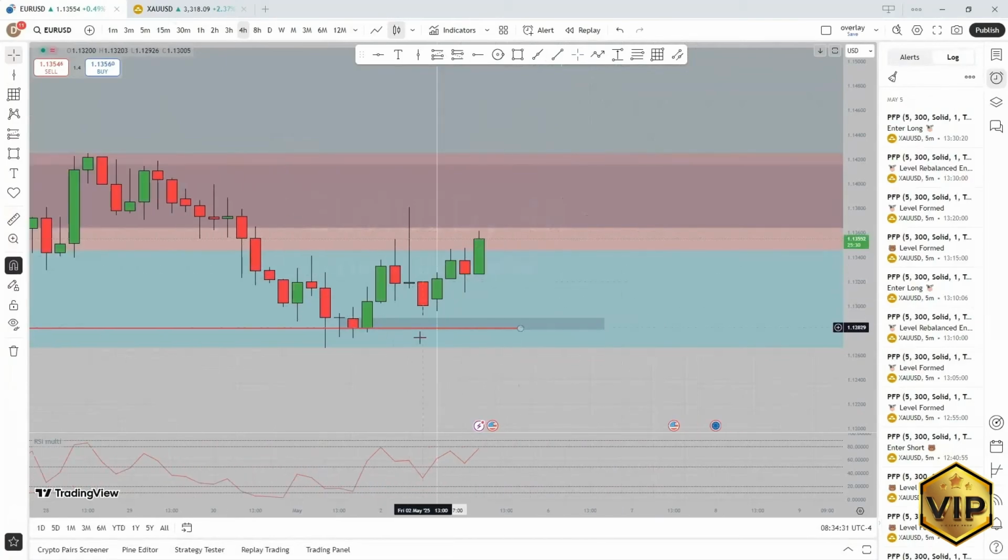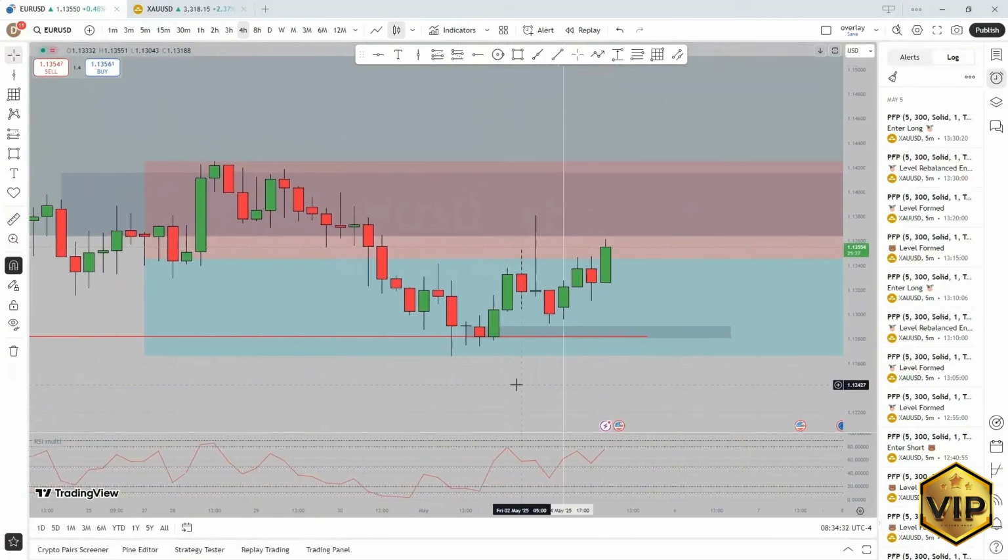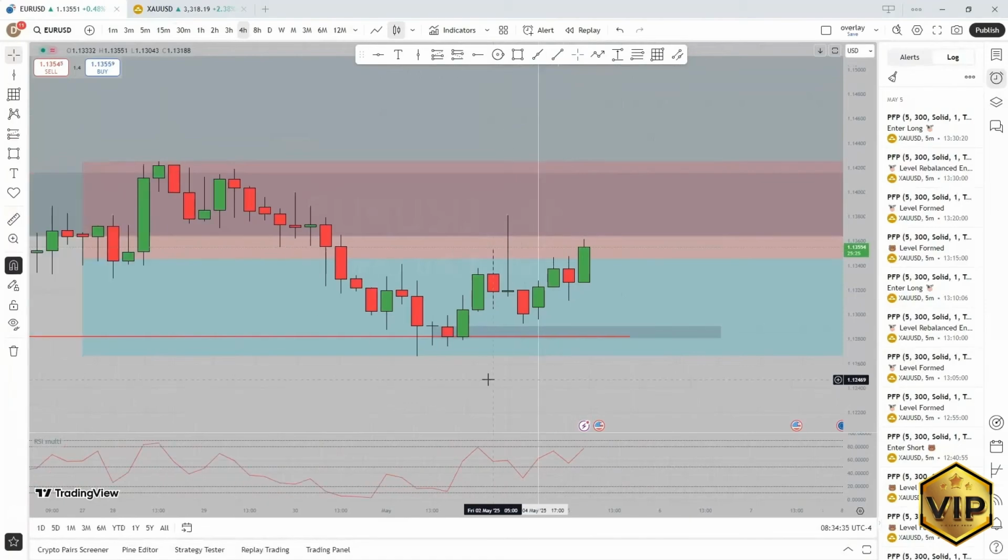I do look at the time of the movement, the time of the day: was it in London, was it in New York, or just the middle of nowhere. But then you know who's come to play. If the market starts to move here, and this is 1 o'clock, that's when London closed, maybe 1 o'clock, 6 o'clock, yeah. New York lunch.